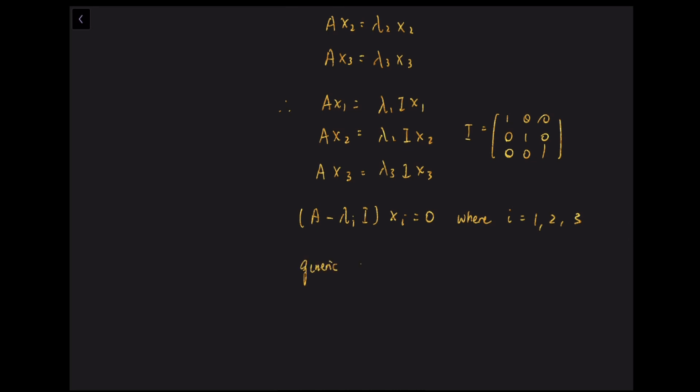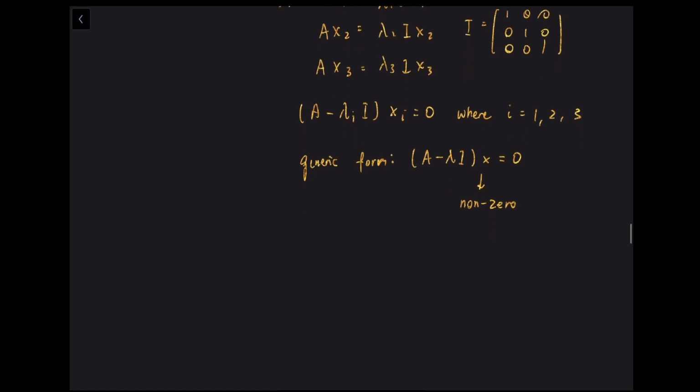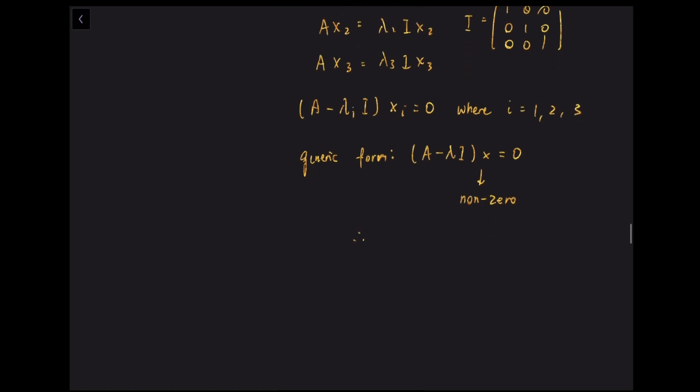Since we are seeking non-zero vectors x which satisfy this generic form, then the modulus of A minus lambda I, or its determinant, equals 0, and this is known as the characteristic equation.